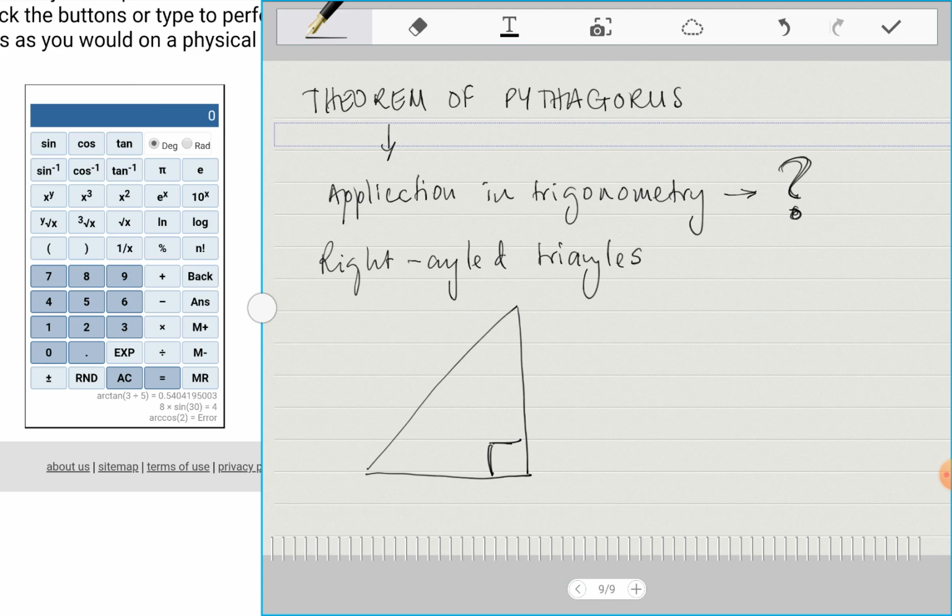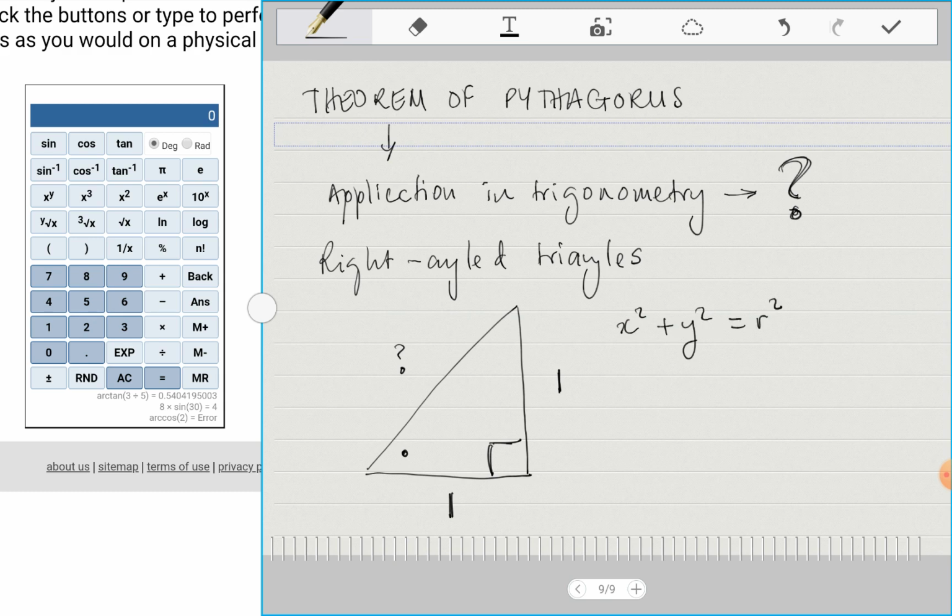So if this is your angle, and let's say this side is 1 and this side is 1, then Pythagoras' theorem tells us how to find this side. What it states is x squared plus y squared is equal to r squared.